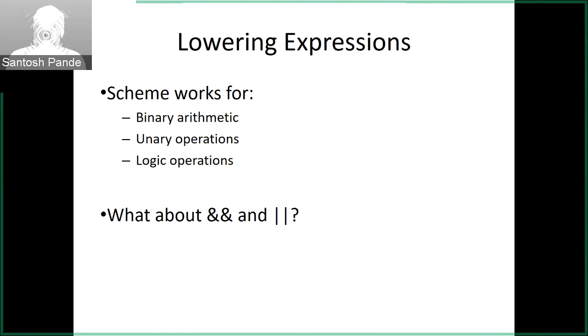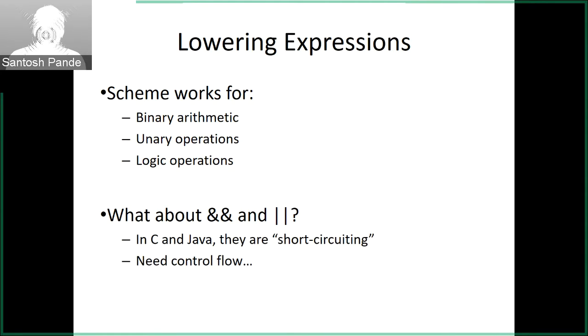So let's move further. If you understood this, then the next complicated operators are and or. And as you know, they are short-circuiting operators, and they need some control flow implementation, which is what we'll use further in terms of if expressions and whiles and fors and so on. So this is a good point to implement and or operators.